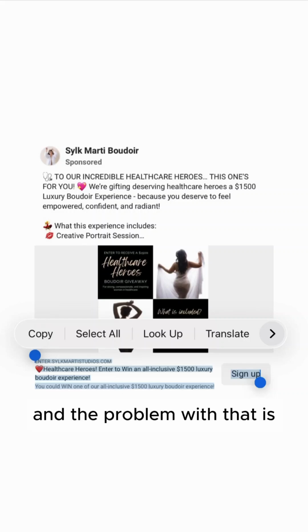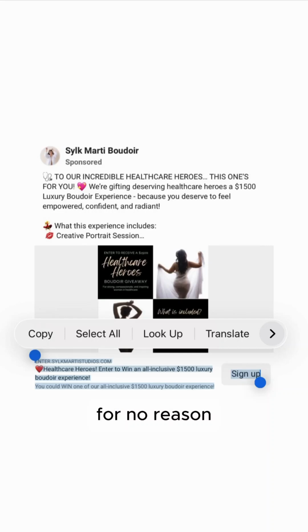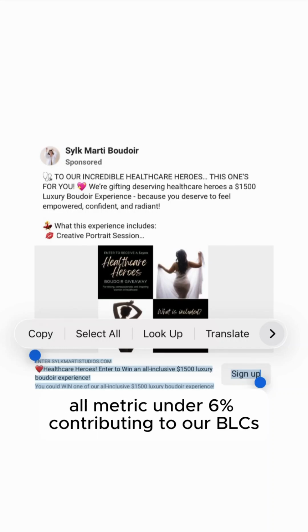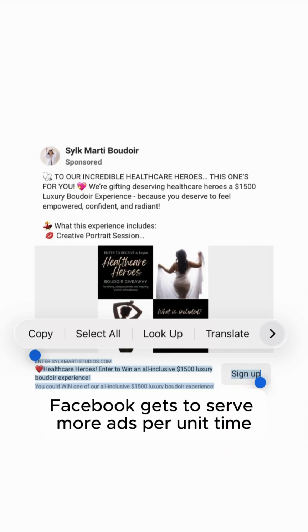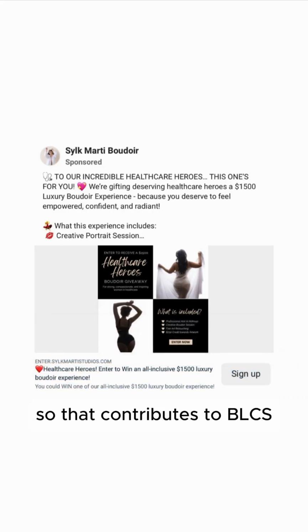And the problem with that is the consequences it causes, which is way, way, way more women scrolling by our Boudoir Facebook ads for no reason, pulling down our unique CTR metric under 6%, contributing to our BLCS, our Boudoir low click syndrome. And on the back end, Facebook gets to serve more ads per unit time, so they're happy. And we got fleeced. So that contributes to BLCS.